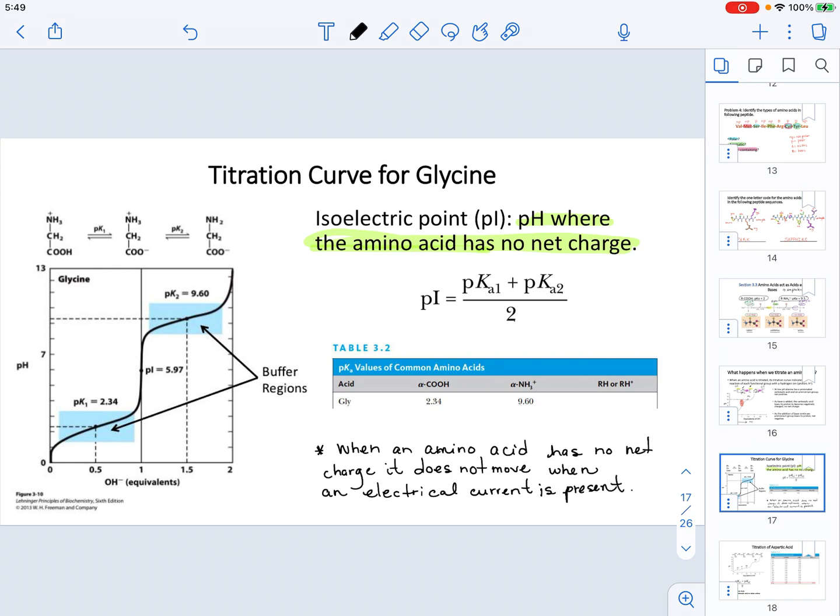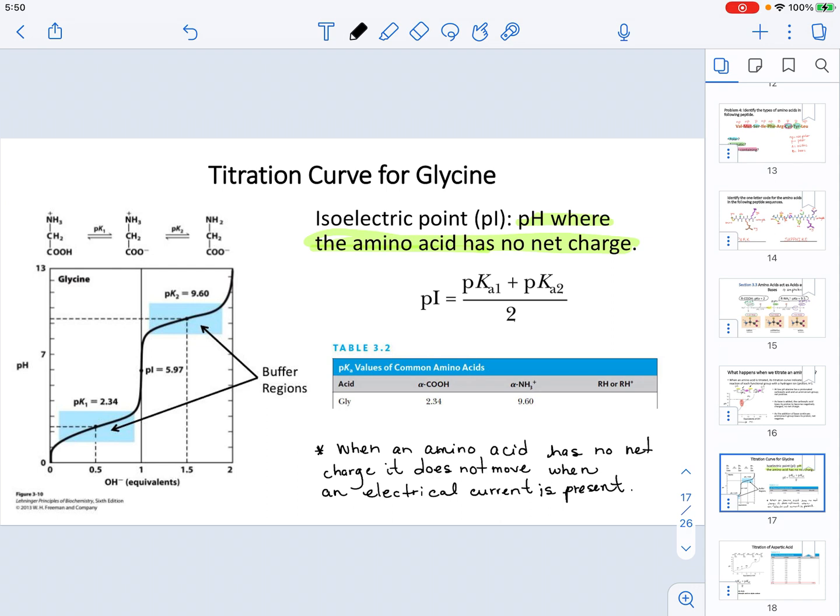So why would that be important? Taking into account the isoelectric point for an amino acid within a peptide or within a protein is one of the techniques utilized to isolate or purify peptides and proteins in a particular experiment. Now, the isoelectric point can be calculated.